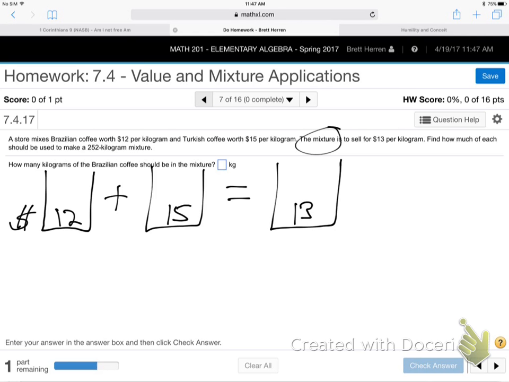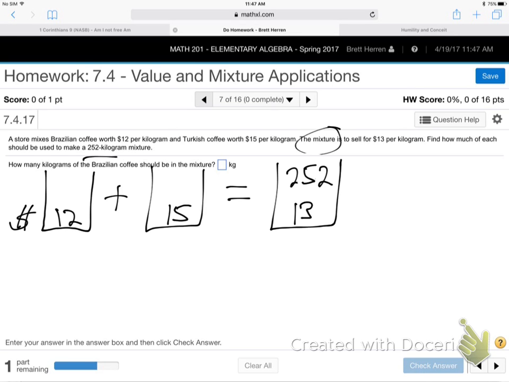All right. So let's put those down there. So the money is like the percentages, right? And then what other number do we have? 252. Same thing then, right?